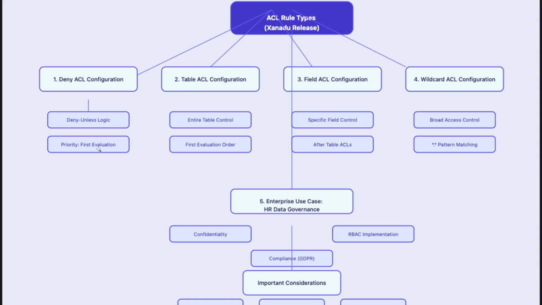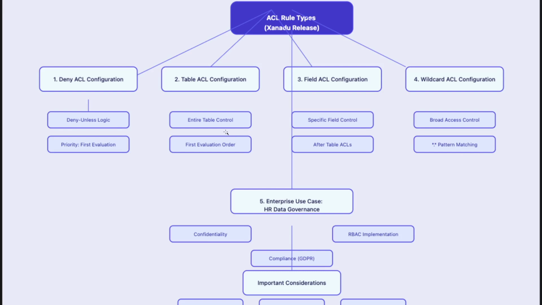That's why this priority is first evaluation, and it's a severe priority. And then the evaluation order is, after table, the field. And then another one, the wildcard ACL, which is a pattern matching kind of thing. You can practice it in scope applications, and it's very interesting if you apply it instead of using code and other things.